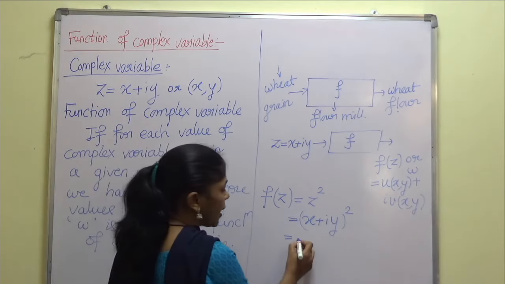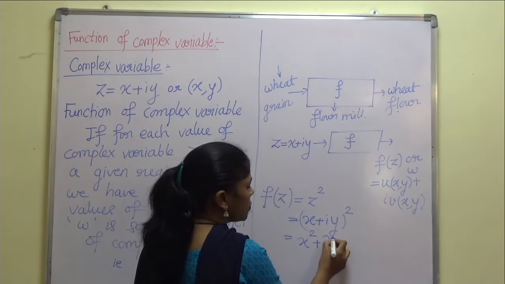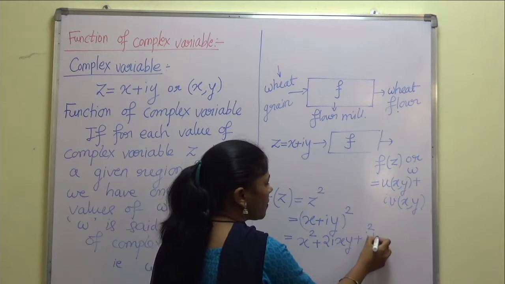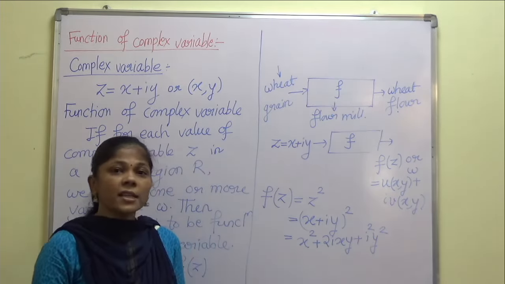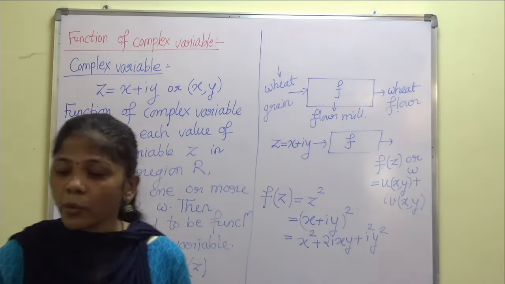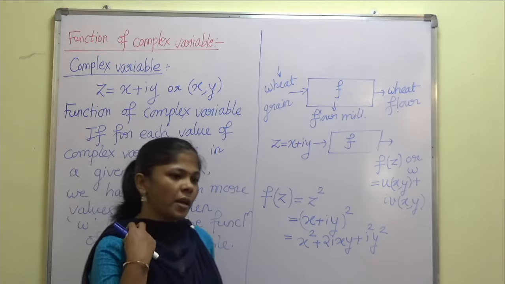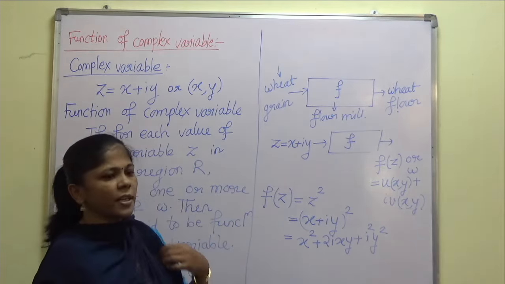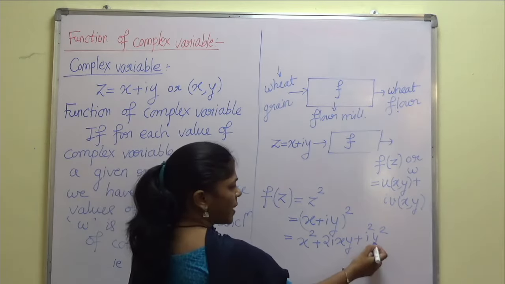So you will have x square plus 2i xy plus i square y square. Now, what is i square? I square is minus 1. So let us put i square as minus 1 over here.